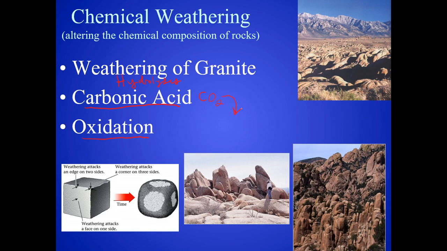That CO2 will dissolve. Okay, here's my water. The CO2 molecule will dissolve into the water, and it will become what's called carbonic acid. So that carbonic acid is HCO3.